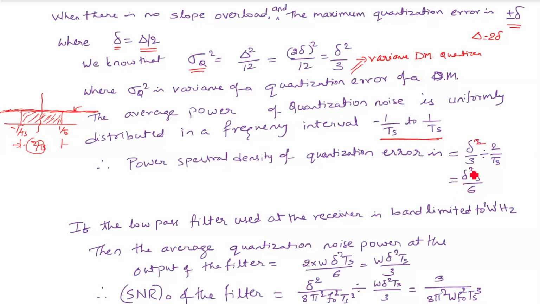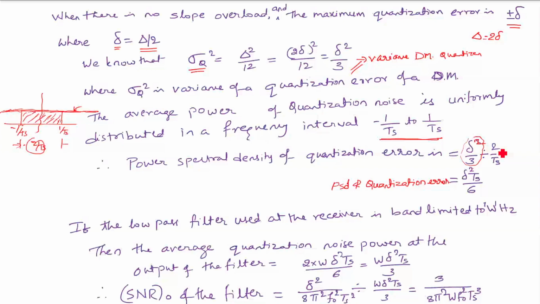So this is nothing but the power spectral density of quantization error. We have obtained the power spectral density of a quantization error from the average power of the quantization error, or it is obtained by dividing average power by 2 by Ts.